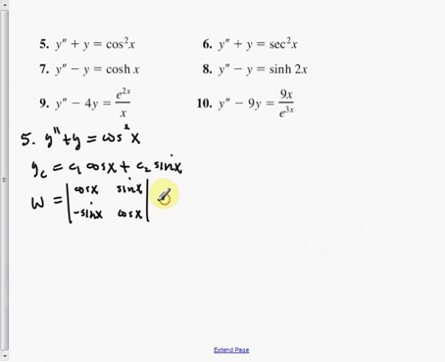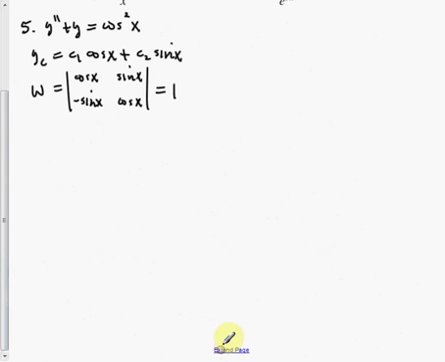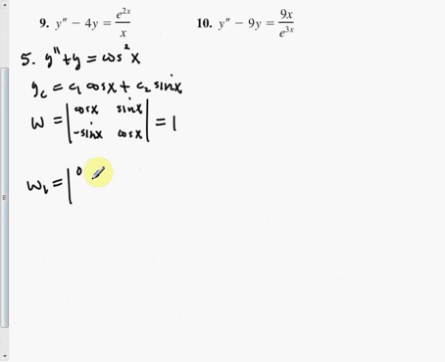Just like from before, we know that the Wronskian gave us 1. W sub 1 would be 0 and the cosine squared x, and this is sine x, cosine x.